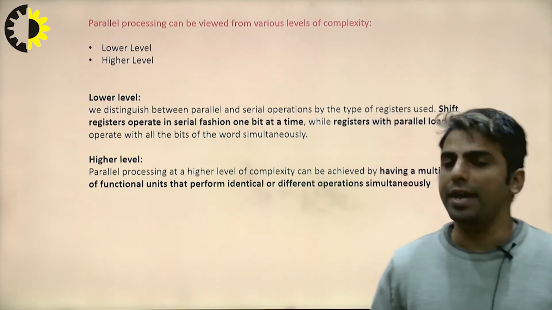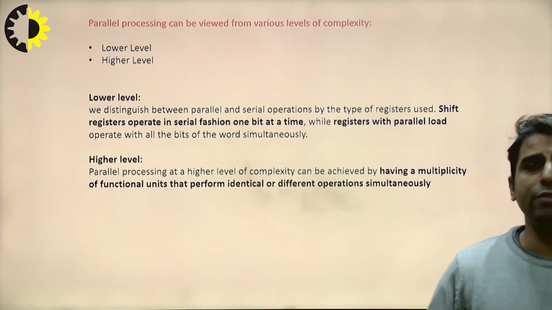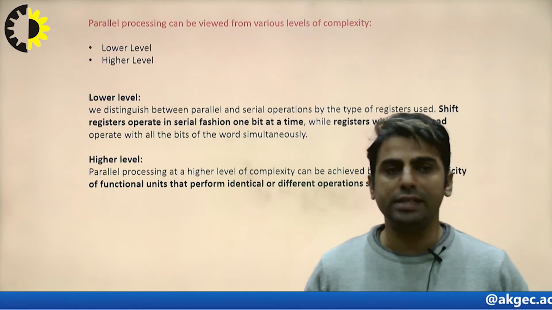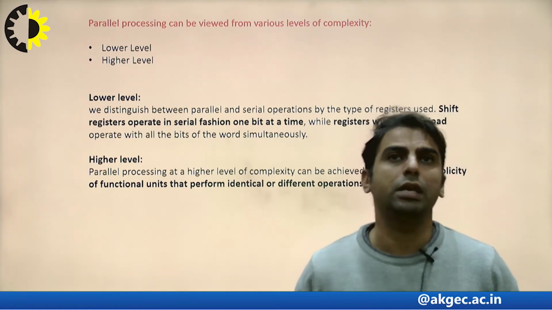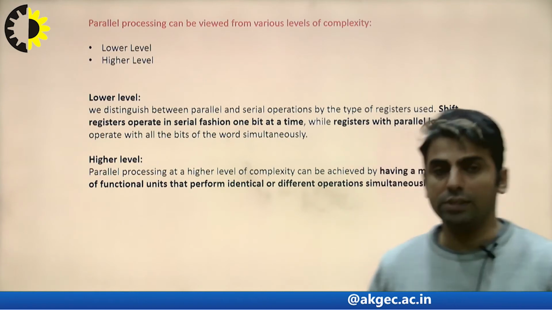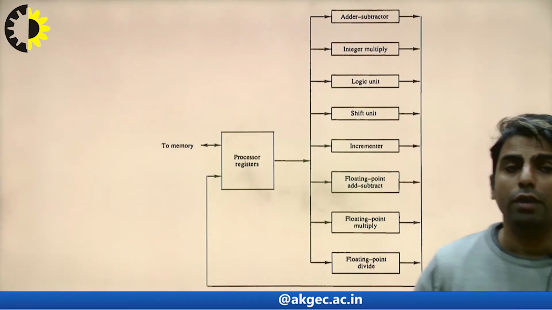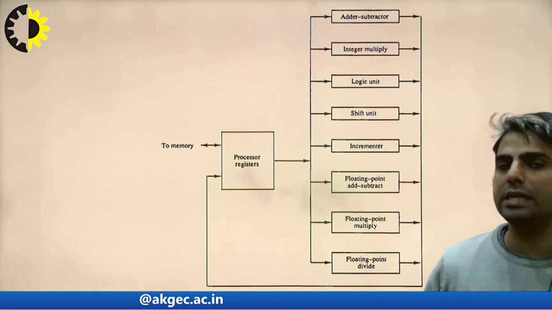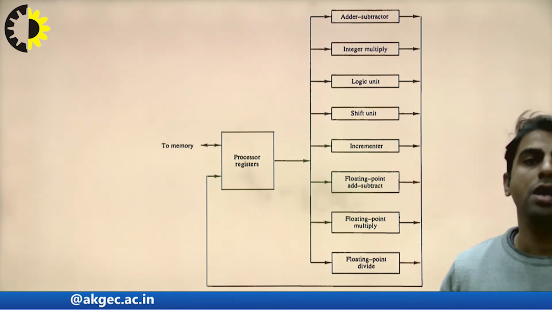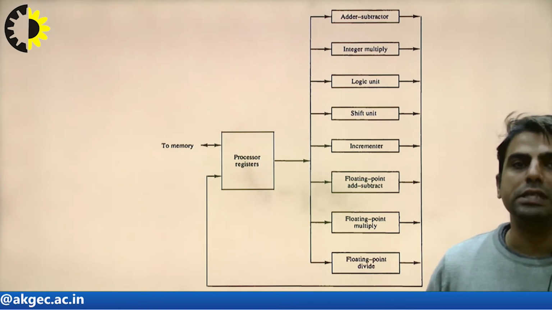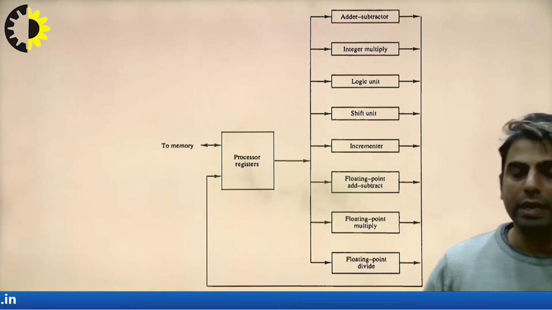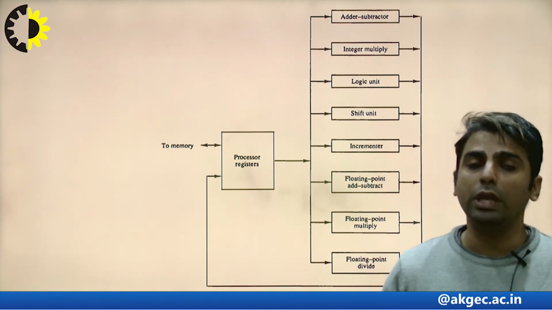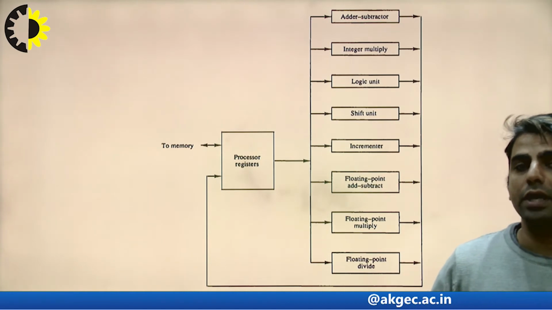Next is the higher level. In the higher level, we can have a multiplicity of functional units in the system. What does that mean? For example, see this figure. Here we have multiple functional units in our system, such as adder, subtractor, integer multiplier, logic unit, shift unit, incrementer, floating point add and subtract unit, and floating point multiply and divide unit.